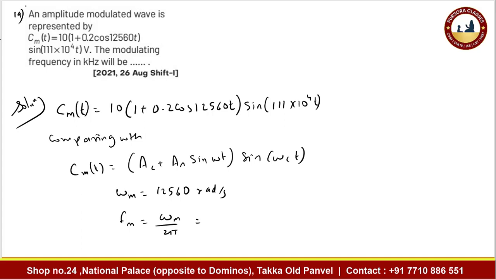So the frequency of the modulating signal is omega upon 2 pi. That is 12560 upon 2 into pi, where pi can be taken as 22 by 7.